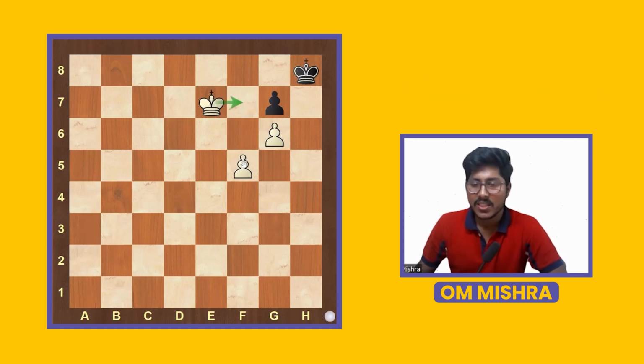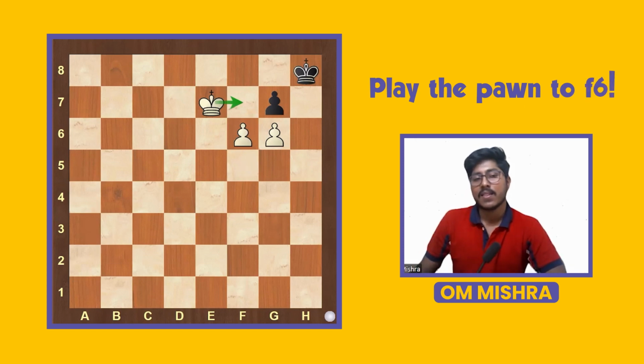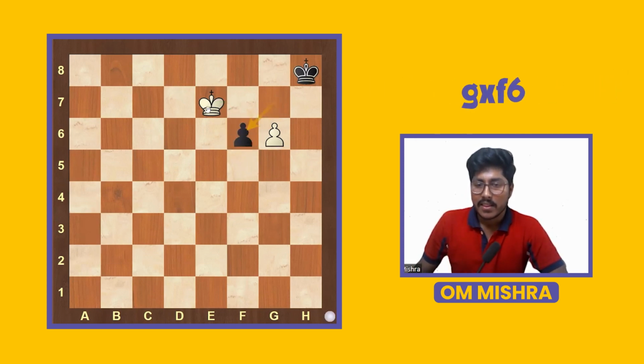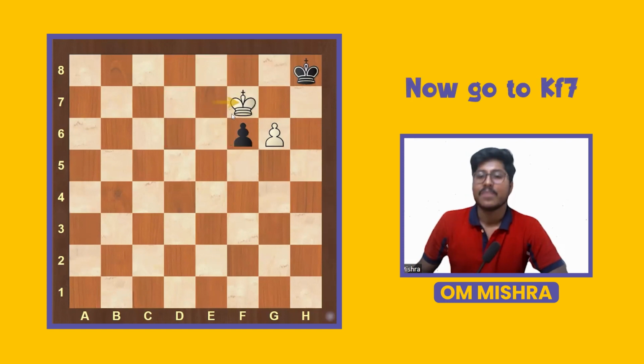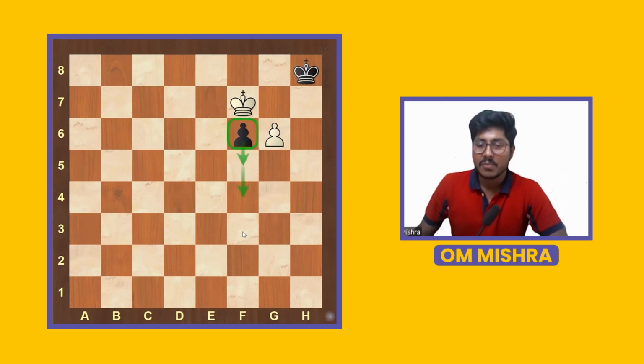So what we're going to do is play an interesting move right here, the pawn to f6. So when the opponent pawn captures, now we will go to f7. Why? In this particular position, now the opponent has the move and there won't be any draw situation right here. So now the king has no space to move.